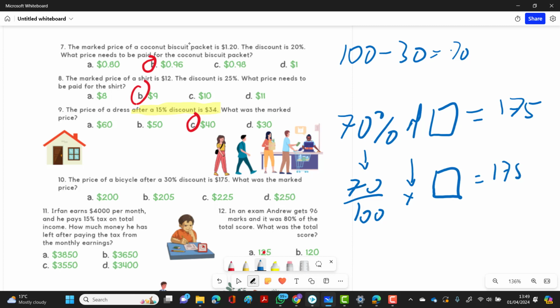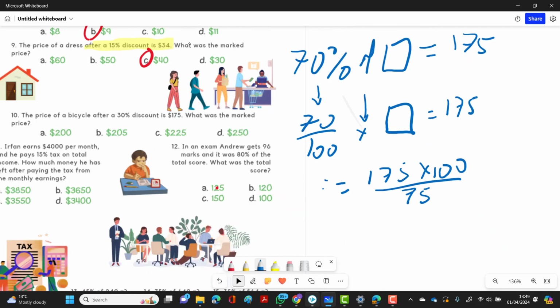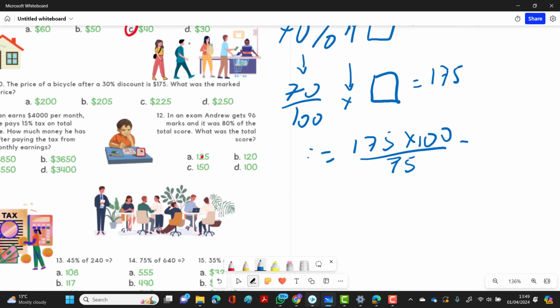Now that equals 175 times 100 divided by 70, which equals 17,500 over 70.